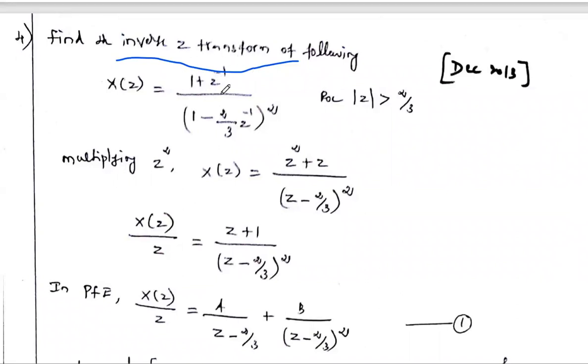Multiplying the numerator by Z squared, we get Z squared plus Z squared into Z inverse, which is Z. In the denominator, Z squared multiplied with the squared term gives Z. You may expand (1 minus 2 by 3 Z inverse) the whole squared using the (A minus B) the whole squared formula, then multiply each term with Z squared, and we will get the answer.